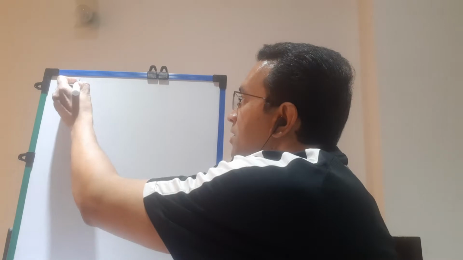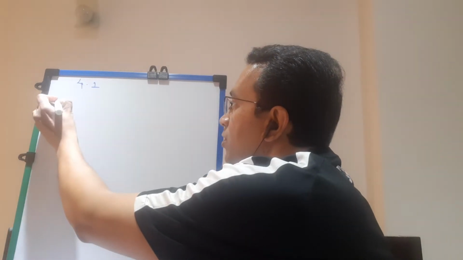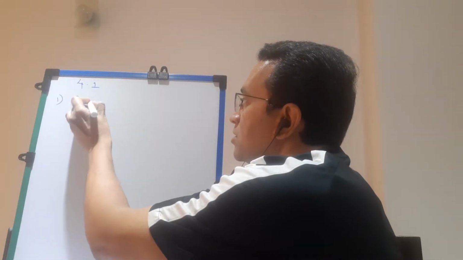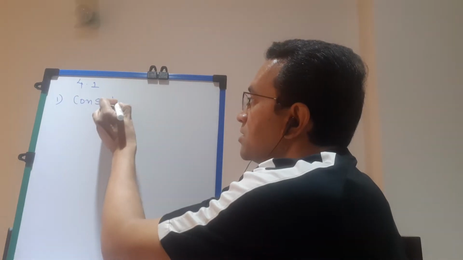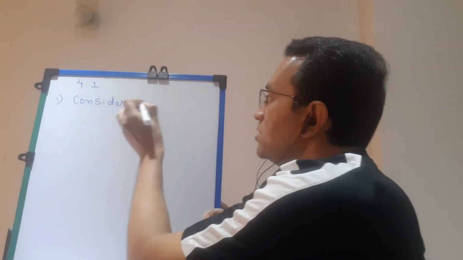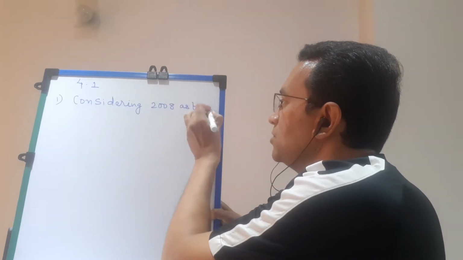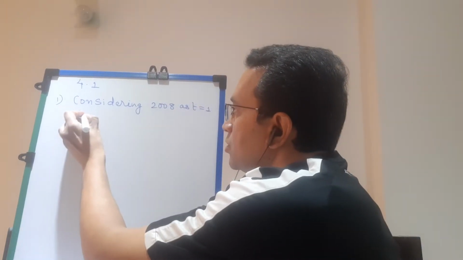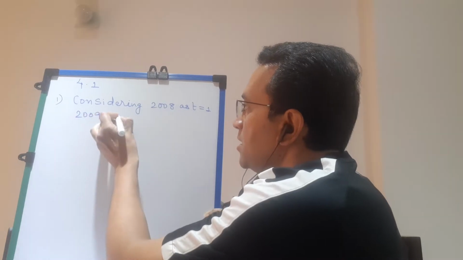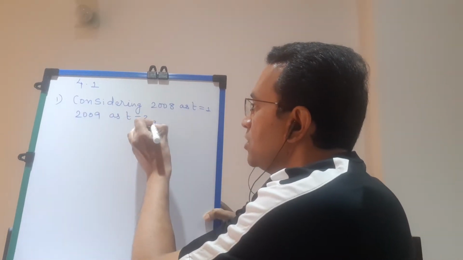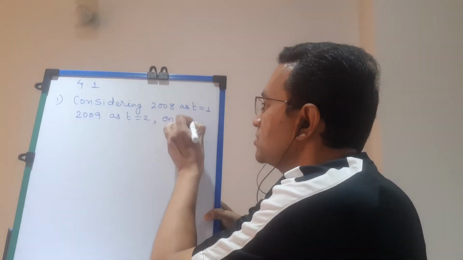So we write the first sum, exercise 4.1, considering 2008 as t equal to 1, 2009 as t equal to 2, and onwards.